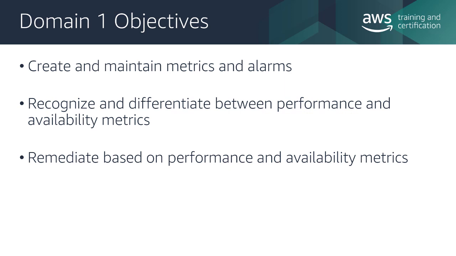You need to understand different types of alarms, whether you're talking about performance-based alarms or availability-based alarms, and then be able to do the appropriate remediation based on those different types. So with 22% of the exam on the line, let's make sure you know how to fix bottlenecks, how to monitor availability performance.